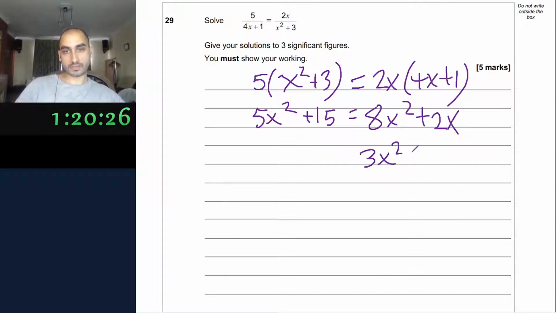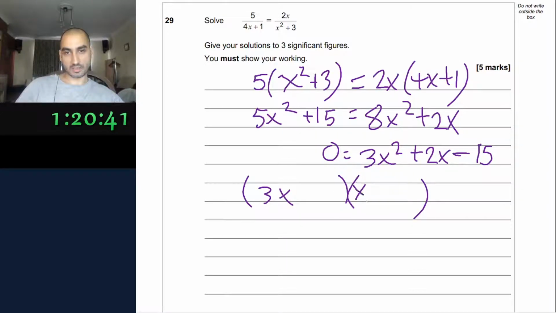It's got 3x squared plus 2x minus 15 equals 0. So 3x. And if the numbers don't work out nicely here, then I know I've made a mistake. So 3 and 5? No.